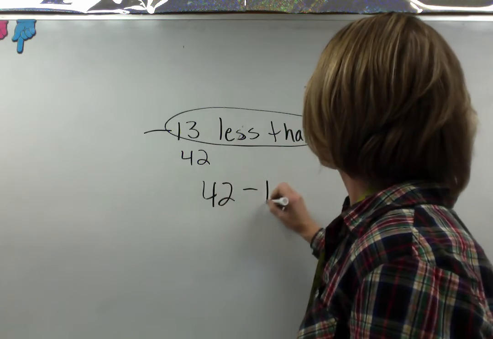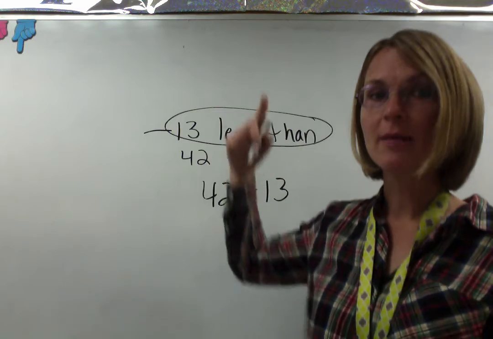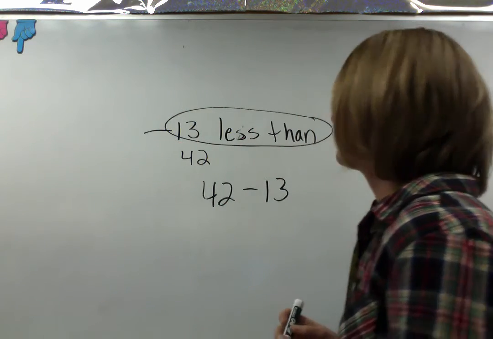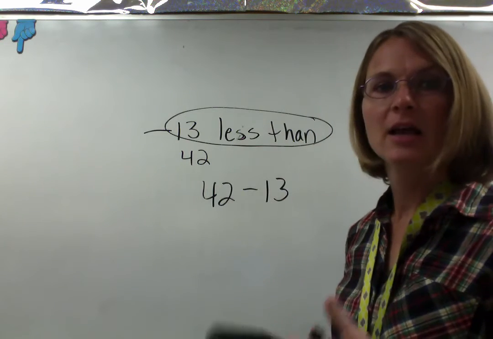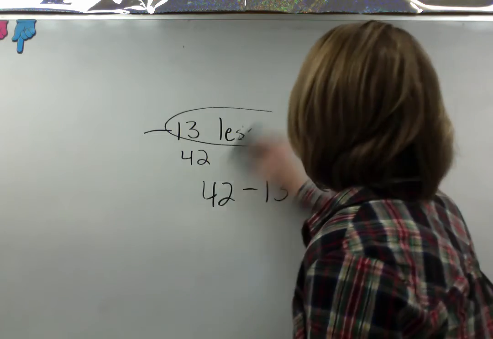So it would be 42 minus 13. Okay, so again, pay attention to order. Just because a number comes first in a problem doesn't always mean that that's what you're subtracting from. You have to pay attention to word order, and you have to pay attention to how you're expressing your numeric expression in words to make sure that we get the correct outcome.